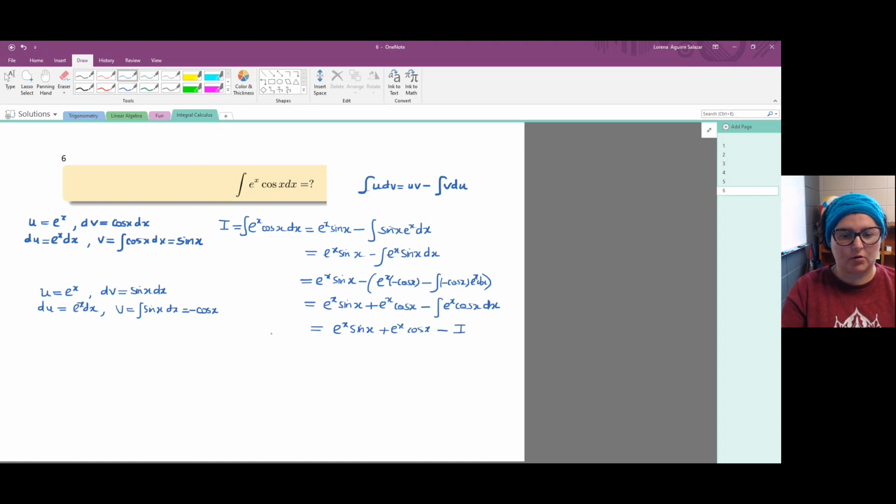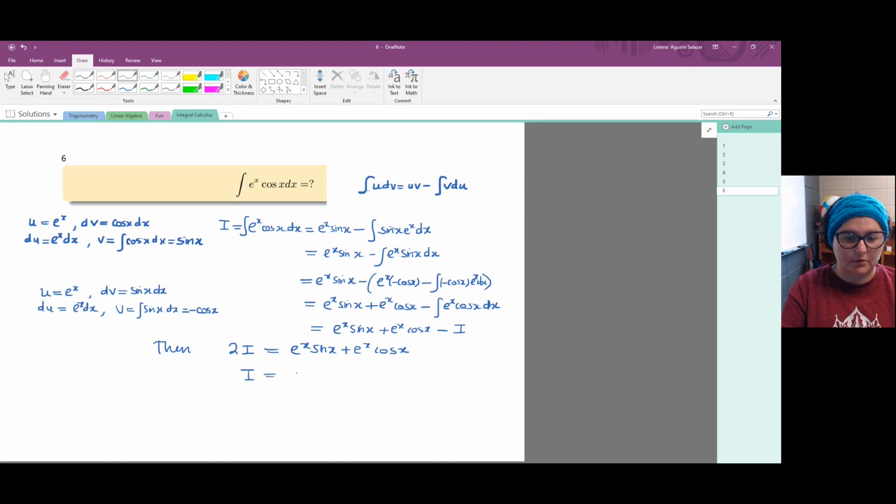As we solve for the integral I, we bring this negative I to the left, or same thing, we add I to both sides of the equation. We get twice I equals e to the x sine of x plus e to the x cosine of x.